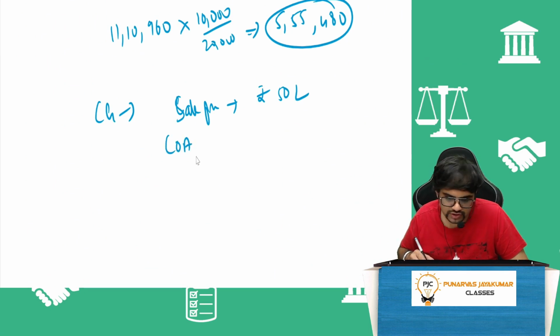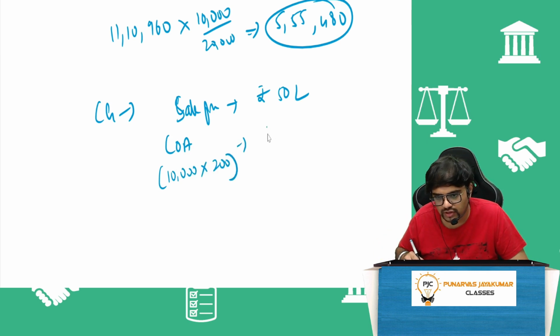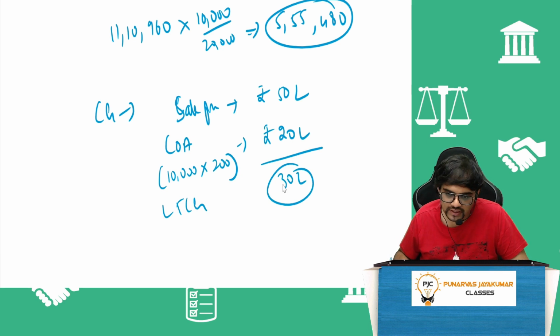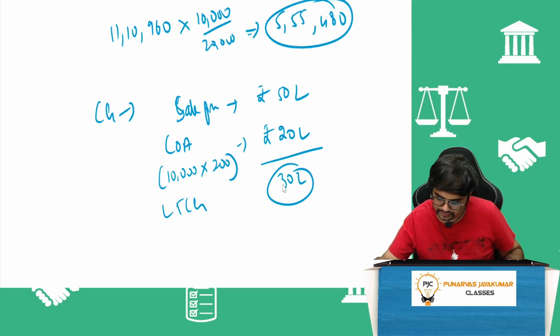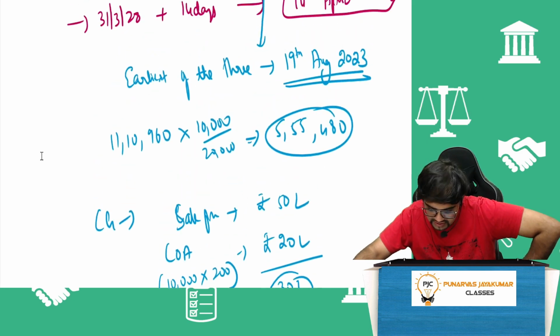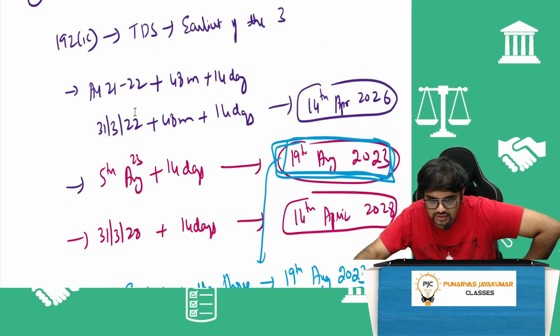Cost of acquisition, as I told you, 10,000 shares into FMV as on the date of exercising the option, 200 rupees, 20 lakh. Long-term capital gain, 30 lakh. Tax on capital gain you can compute. Remaining: one is this 19th August 23, that is done. Then what should he do?